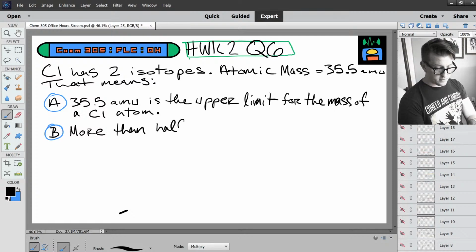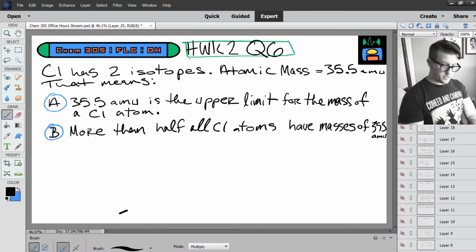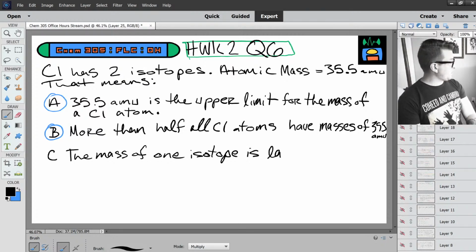B, more than half of all chlorine atoms have masses of 35.5 AMU. C, the mass of one isotope is larger.